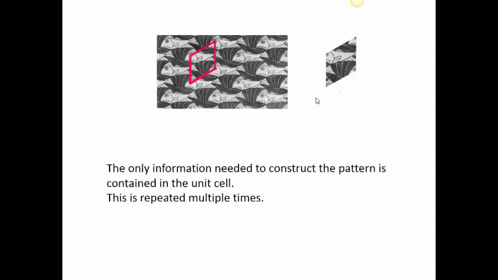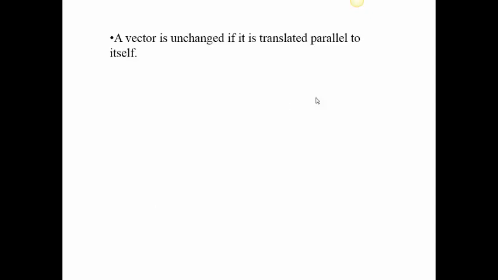And here's our unit cell with the fish. And when we look at our unit cell, which contains all the information for creating the pattern, we see how our poor little fish got chopped up. Well, in the same way, the hexamethylbenzene got chopped up too. So let's look at a few things that we've learned so far now. A vector is unchanged if it's translated parallel to itself.